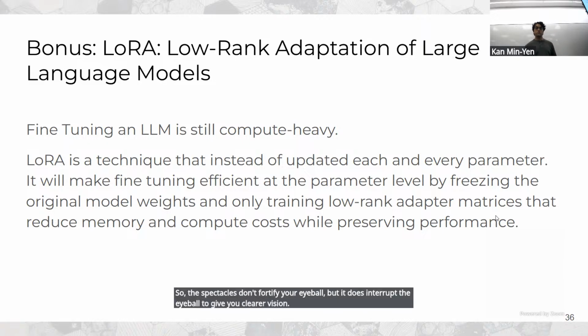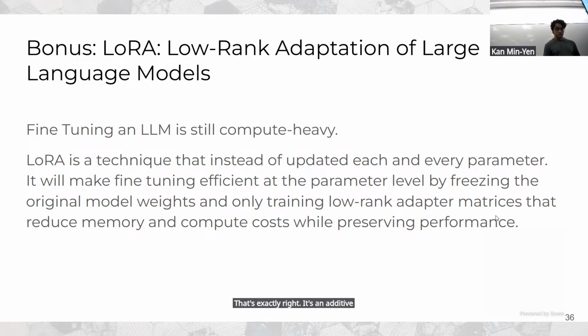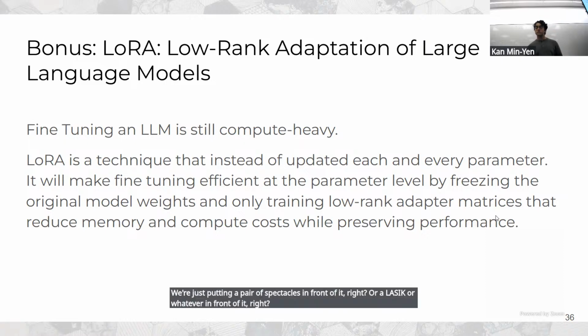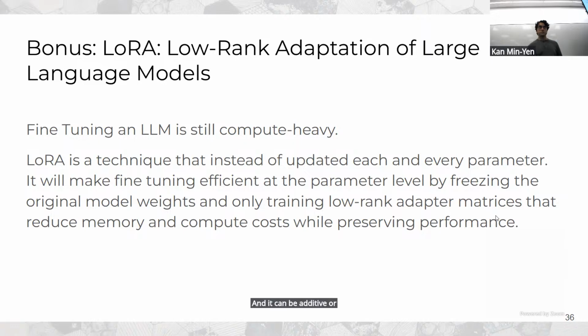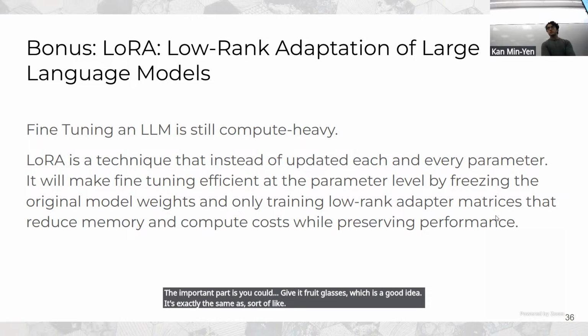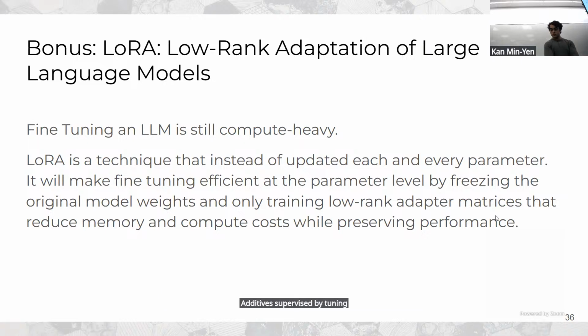That's exactly right. It's an additive, like Zihang says, we're not touching the model. We're just putting a pair of spectacles in front of it, or a LASIK or whatever in front of it. And it can be additive or subtractive because the model weights can change up or down. It's exactly the same as additive supervised fine tuning, but we're trying to get away with less information.